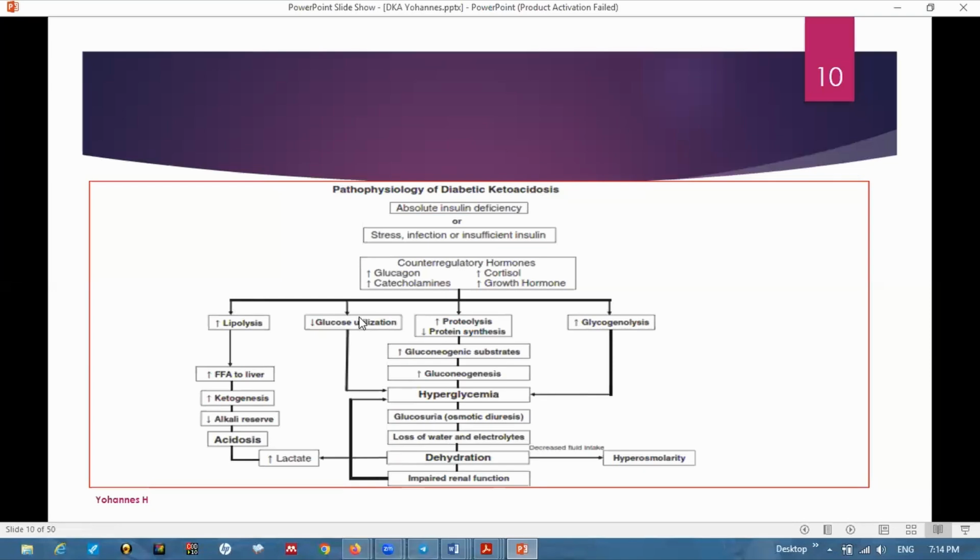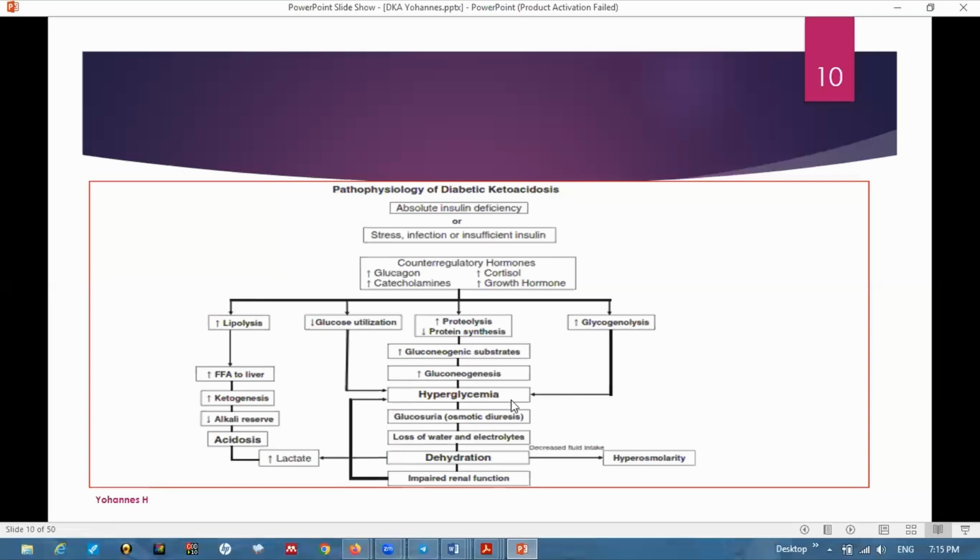So due to these counter-regulatory hormones, there will be increased proteolysis, lipolysis, decreased glucose utilization, and increase in glycogenolysis. Proteolysis will be underway and protein synthesis will be decreased. So there will be increase in gluconeogenesis in the liver.